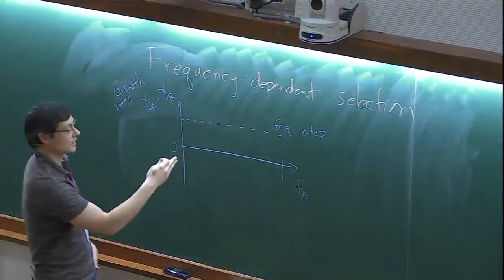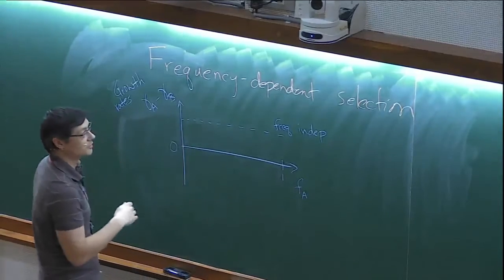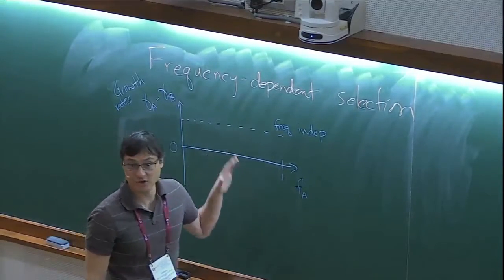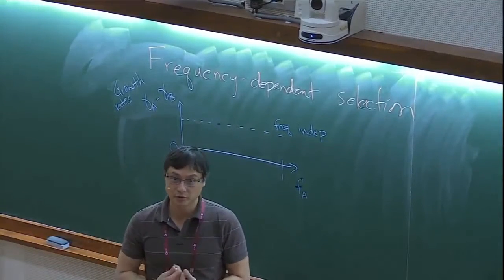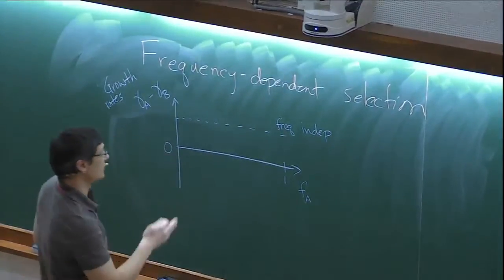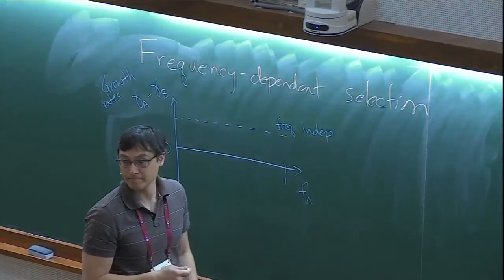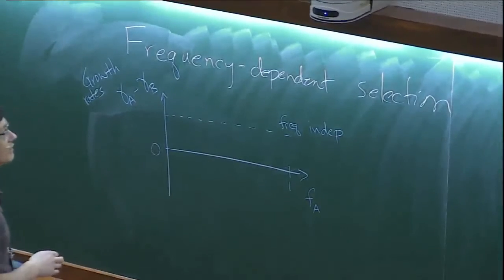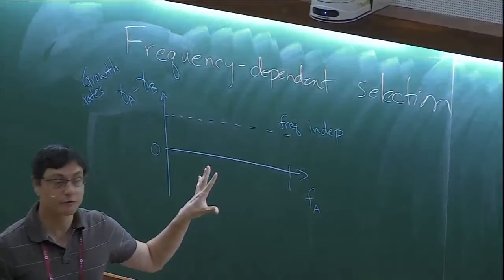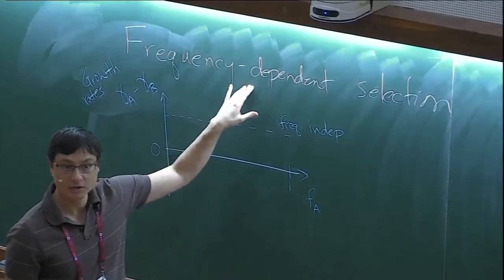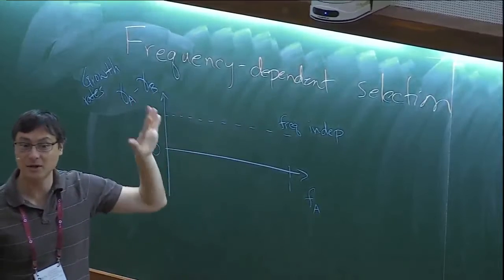So this is fraction of A going from 0 to 1, difference in the growth rate. And what you see is here, A is just a more fit genotype. So it's just a beneficial mutant. In that case, A will grow in frequency over time. However, there are many, many situations in which you get frequency-dependent selection, meaning that this line is not horizontal, but has some other behavior.